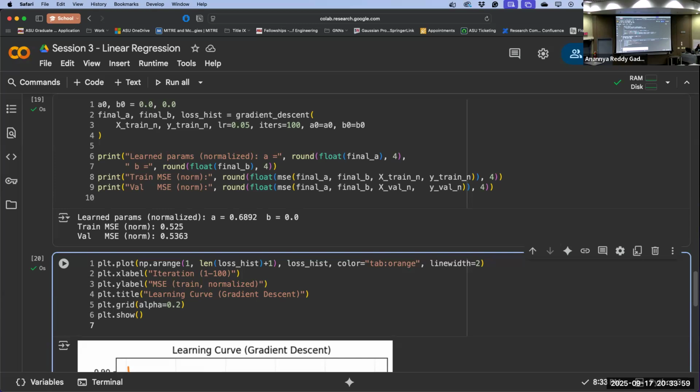Any doubts in the plotting part or the previous part? Is everyone done with this part of the code?